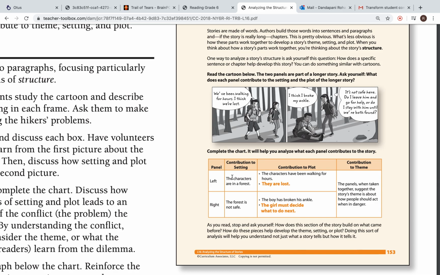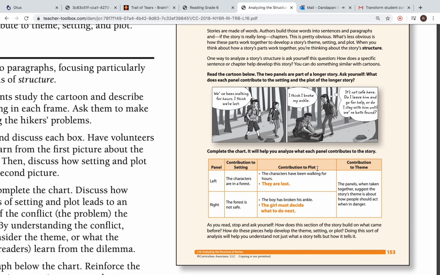So on the panel on the left, we know that the two characters are in a forest, right? That is the setting. The characters are in a forest. That's all we know. So that's the contribution to the setting. The left panel's contribution to the plot is that the characters have been walking for hours.